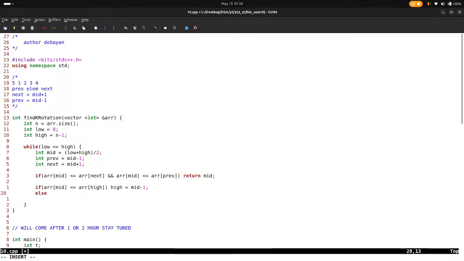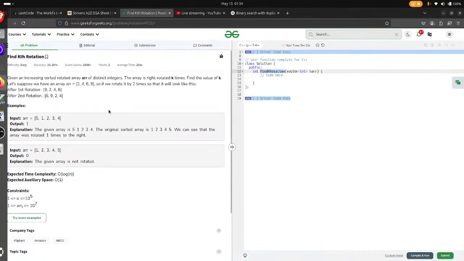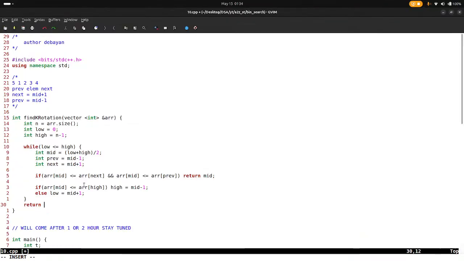Else low equals mid plus 1. If nothing works, I can return minus 1 or 0. This is all about my thought process.